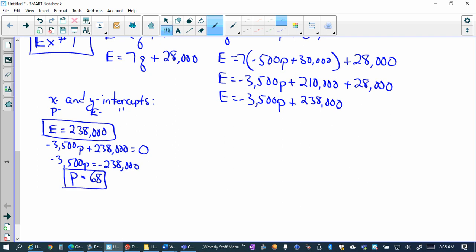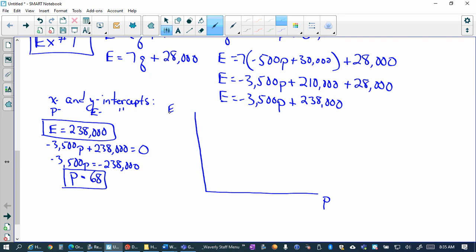We can sketch a quick graph of this, right? We got 2 points now to find a line. Let's figure out how we're going to do this. So this will be normally the X, but it's our P axis, right? And up here would be our expense, our E axis. Let's figure out how we're going to number it. We don't have to get too nuts here.